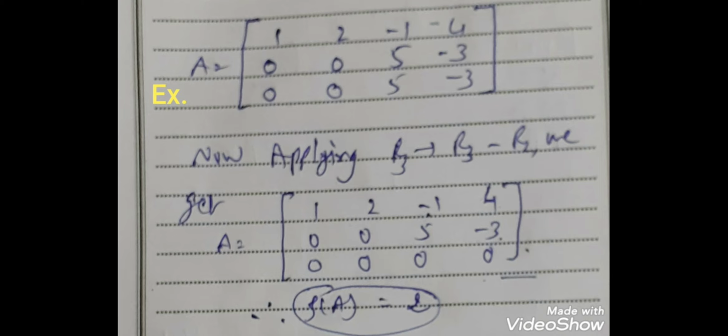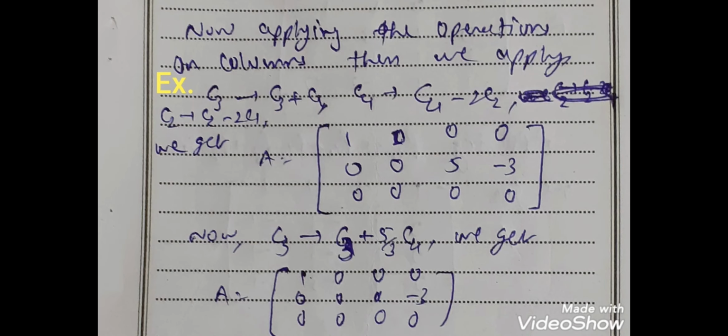Now we can see how we get the rank of this matrix as 2. Let us discuss it. Now see here the first row has the elements 1, 0, 0, 0, second row 0, 0, 5, minus 3, meaning if we take the fourth column, this minus 3, multiply by 5 by 3 and add into the third column, then we get one more 0 in the third column and all the entries of the third column will be 0.